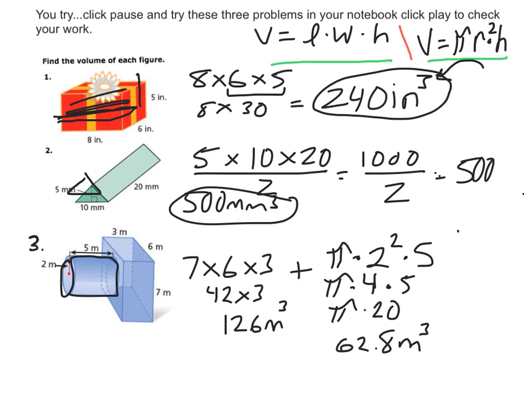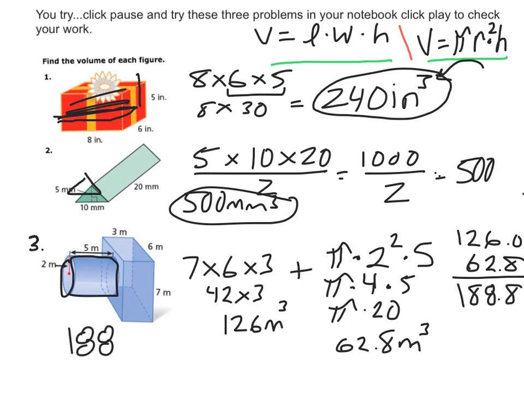So I have to add up 126 and 62.8. So the 8's going to come down. Then the decimal. 6 plus 2 is 8. 6 plus 2 is 8. And the 1 comes down. So 188.8. So the volume of this is 188.8 cubic meters.